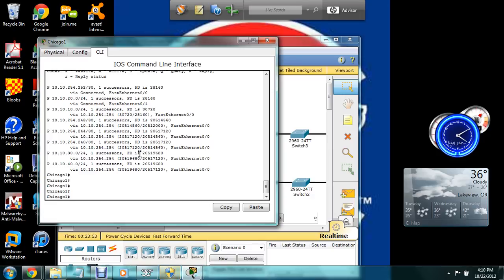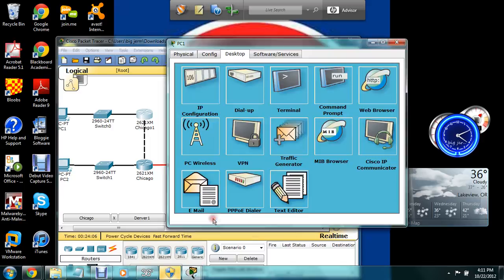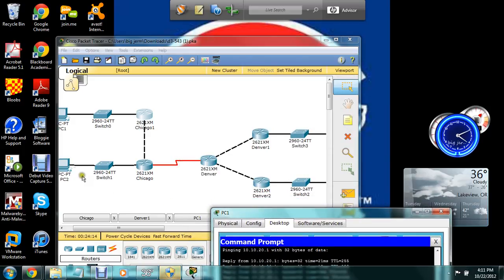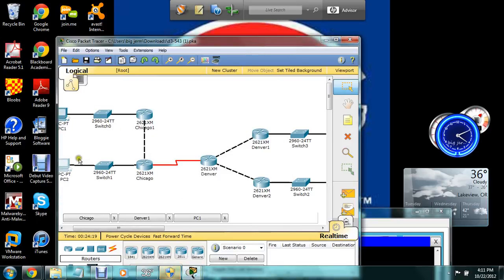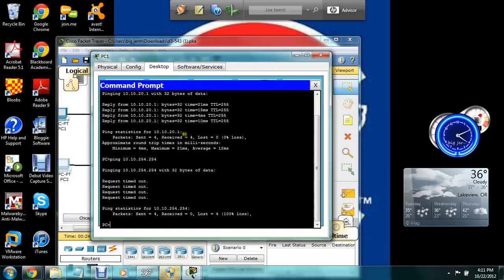Now we're going to try to ping to check our results. So go to PC1, and we're going to ping PC2, 3, and 4. So we'll go ping 10.10.10.2.